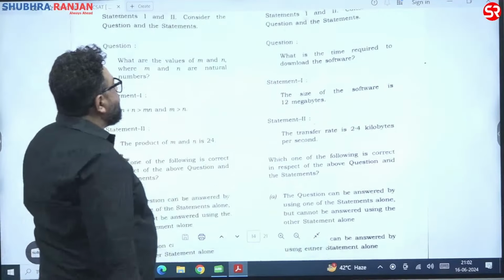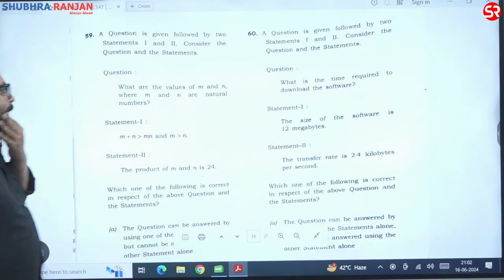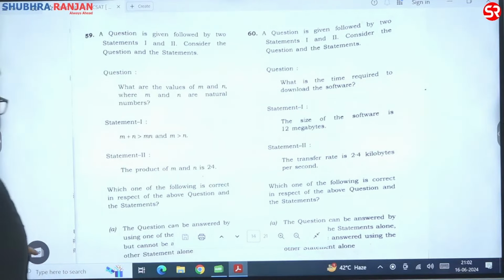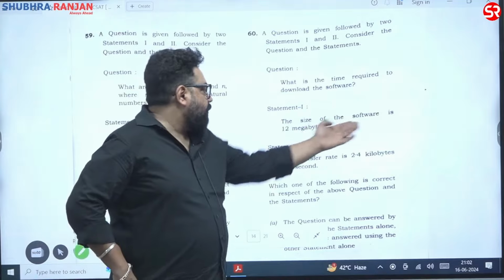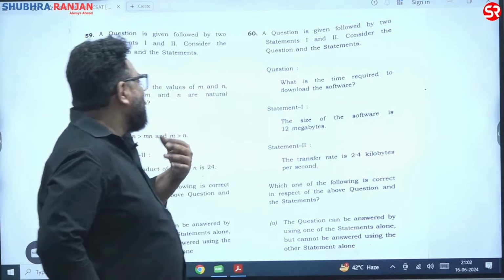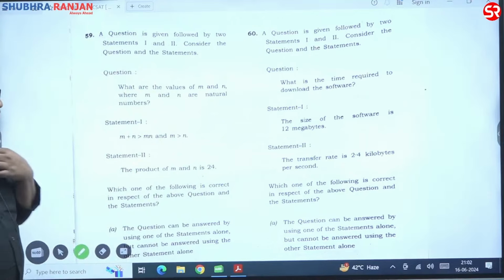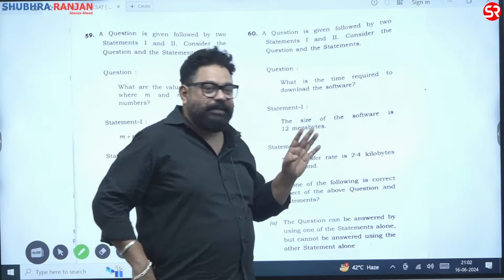Next, question 60. Again he asks, what is the time required to download the software? First, the size of the software is 12 megabytes, right? And the transfer rate is 4.5 kilobytes per second.